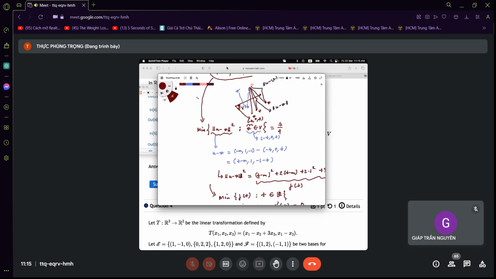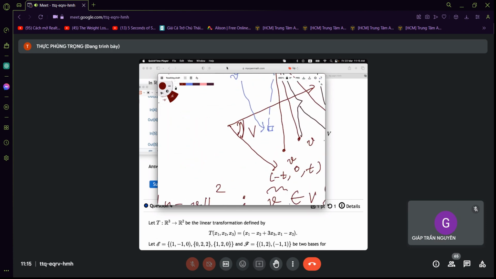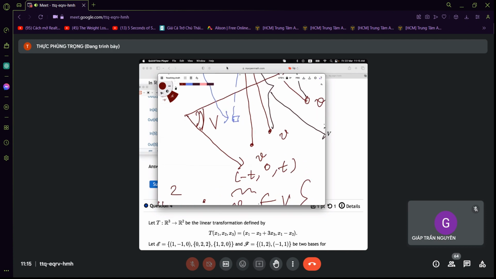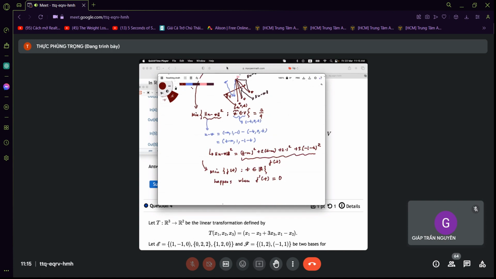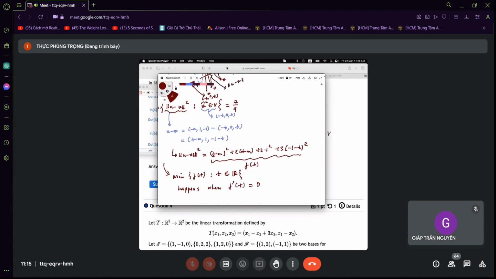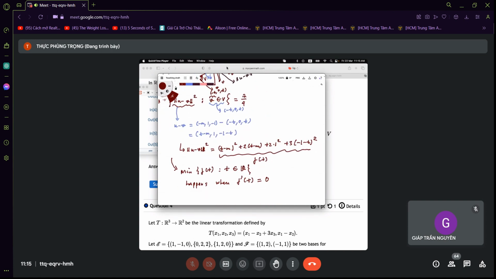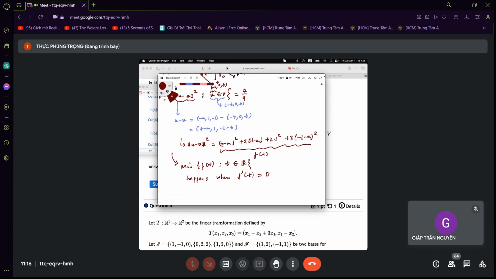You are finding the min with respect to V, but V is given by t, so t is the variable, not m. So from here, you only need to differentiate this one.